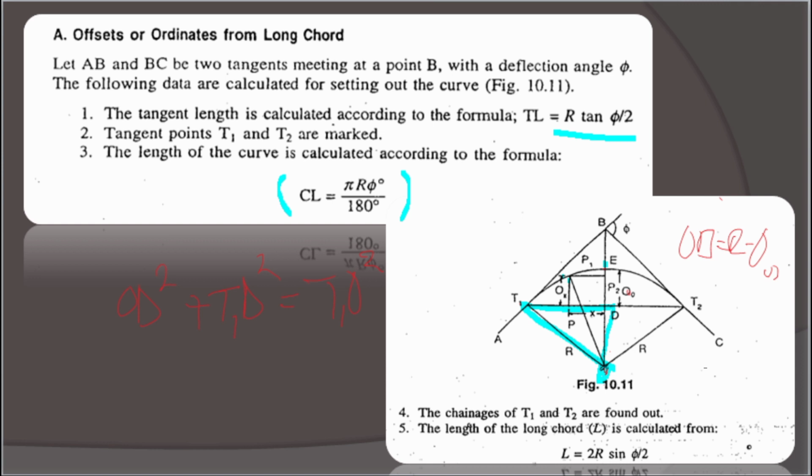Let us simplify that triangle. So the distance O to T, already we had it there. So that is R minus our offset origin squared, then plus T1 to D2.